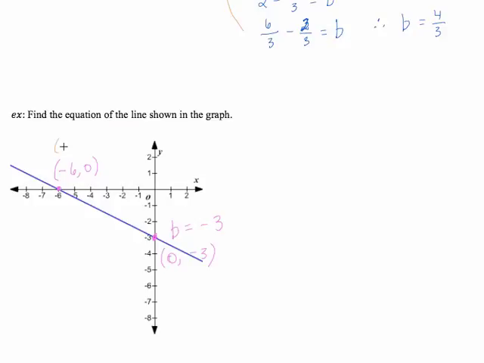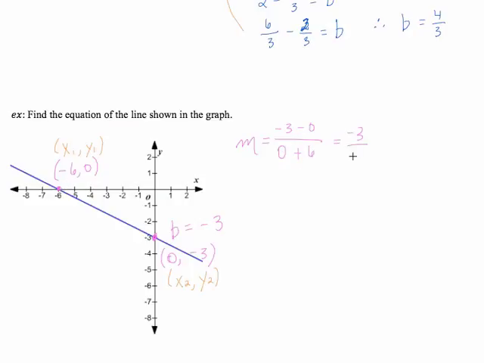To compute my slope, I'm going to use this one as my x1, y1, and I'll use this point as my x2, y2. Then I compute slope between them. y2 minus y1 is -3 minus 0 over 0 minus -6, which is 0 plus 6.